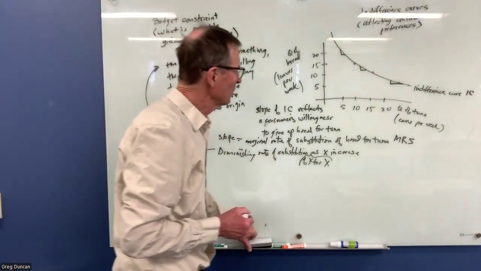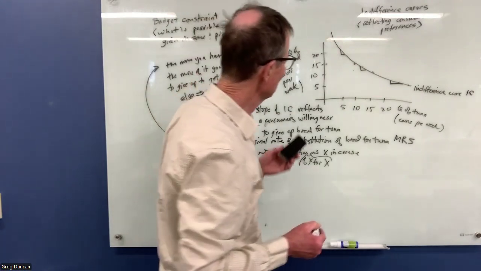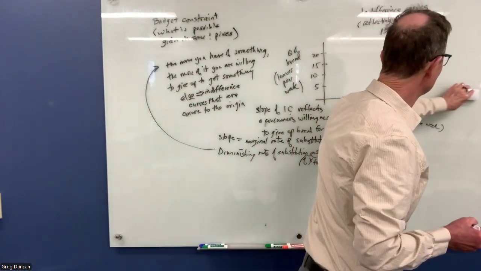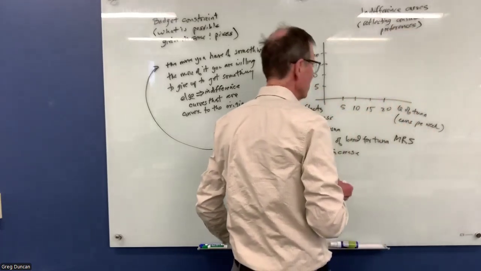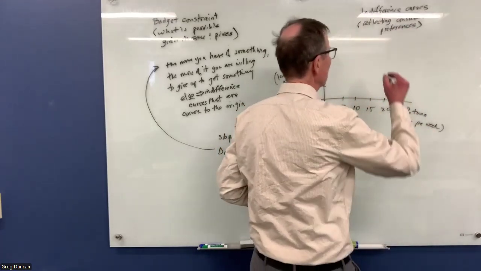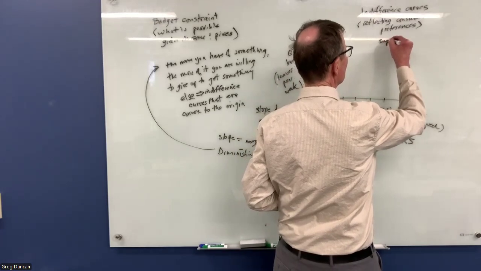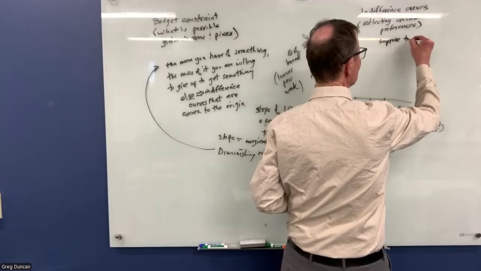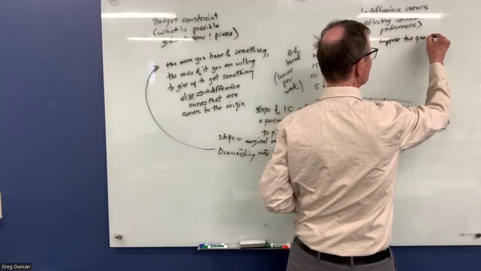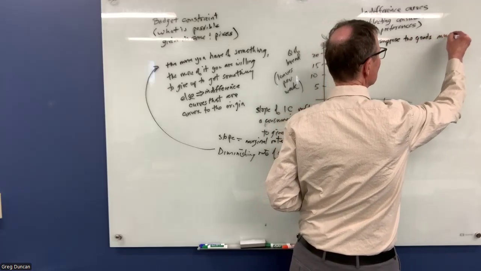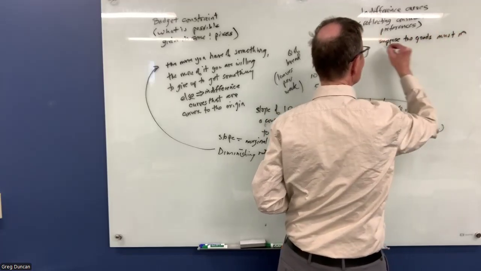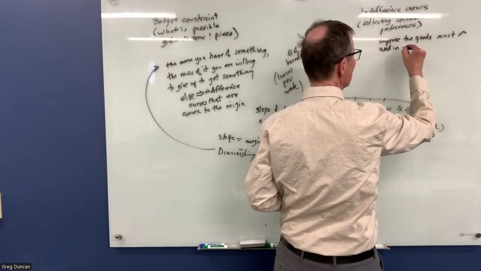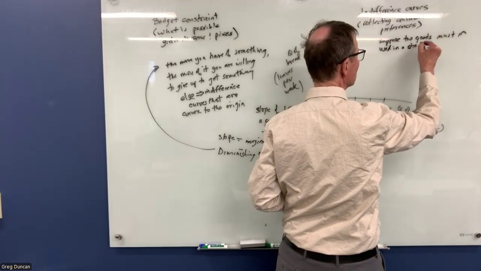Now you can play around with alternatives. Suppose two goods must be used in a strict proportion.